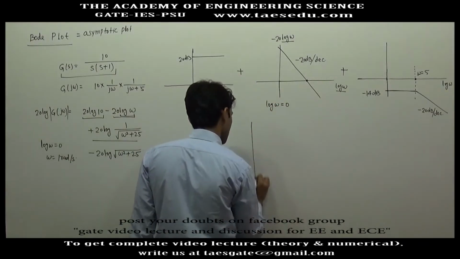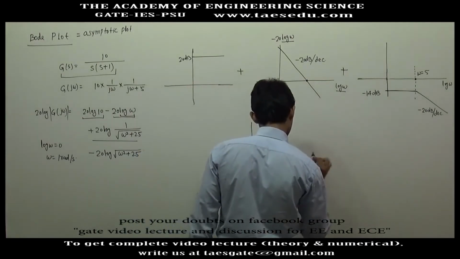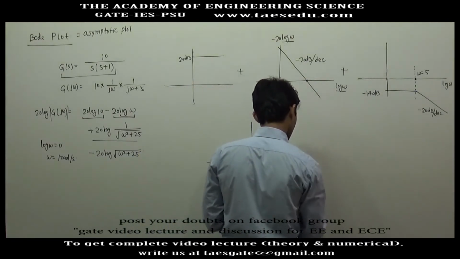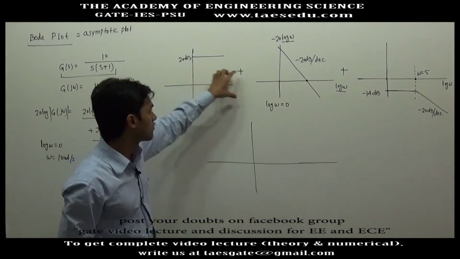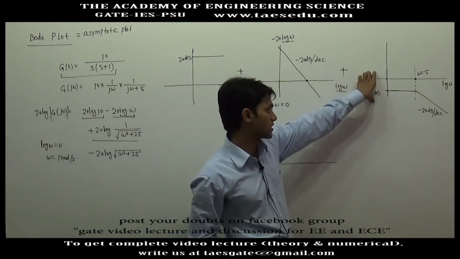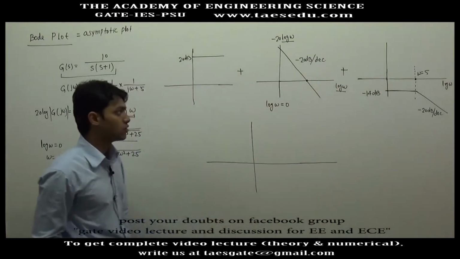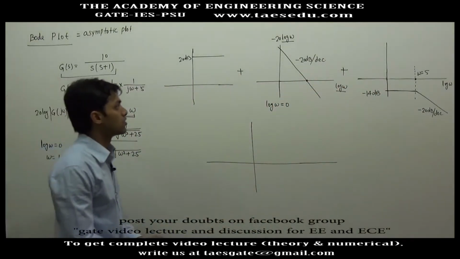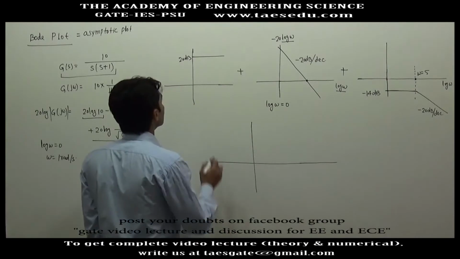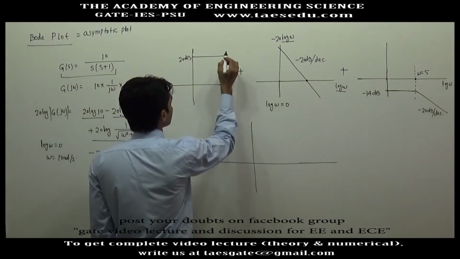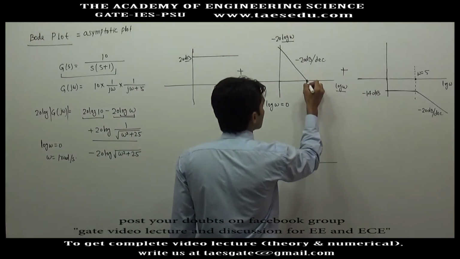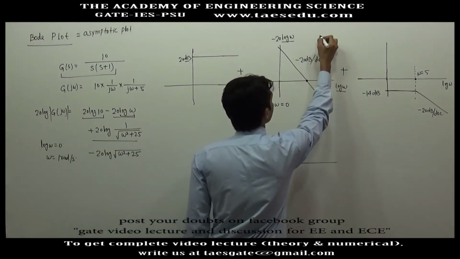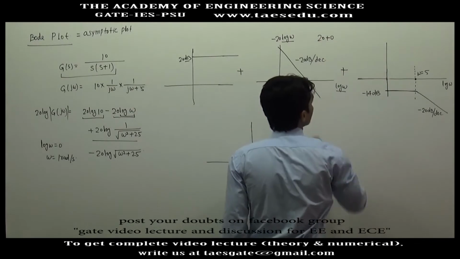For each value of omega we will take the value of this graph, this graph, and this graph, and add those three values. At log omega equal to 0, this is giving 20 dB, this is giving nothing, 0. So we have 20 plus 0.